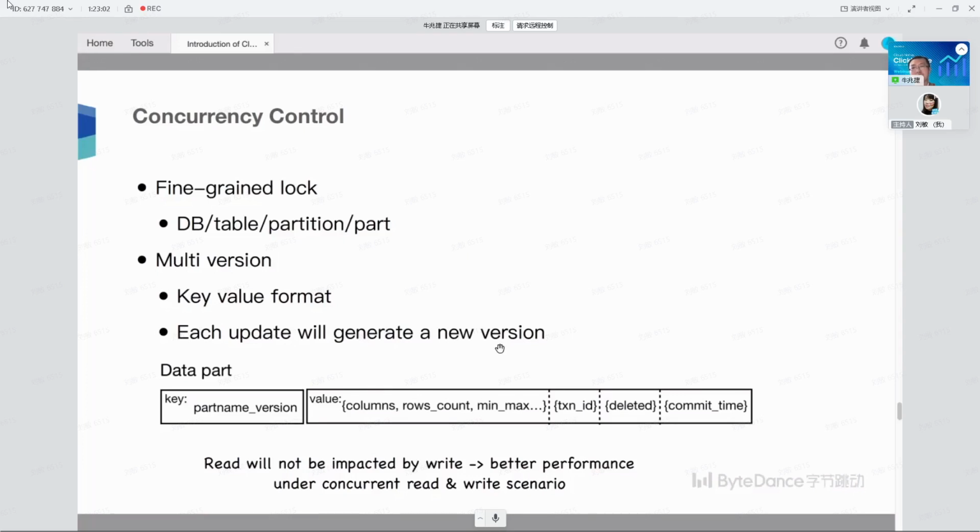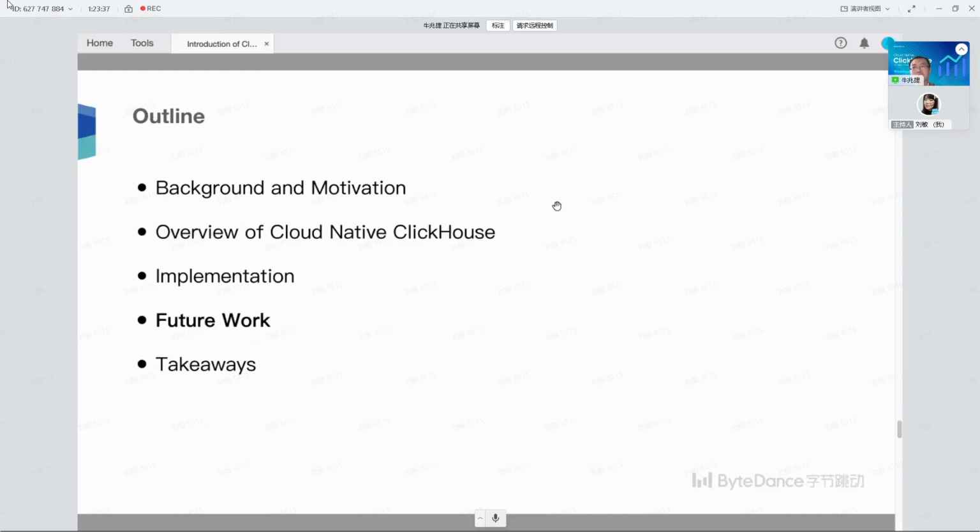The read query will not be impacted, because it can still use the old part for the whole life cycle of this read query, and the writes will not impact the part. By doing this optimization, our reads will not be impacted or even blocked by writes, which means we can have better performance under heavy concurrent read and write scenarios. This is the second optimization for the metadata management part.